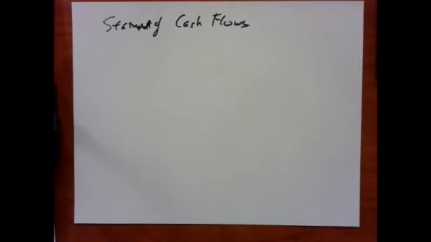What the statement of cash flows does is it reconciles our accrual accounting to cash accounting, okay? We talked way back in chapters 1 and 2 about the difference between cash accounting and accrual accounting. With cash accounting, all the transactions get recognized when cash changes hands. When we pay for something, we write it down.